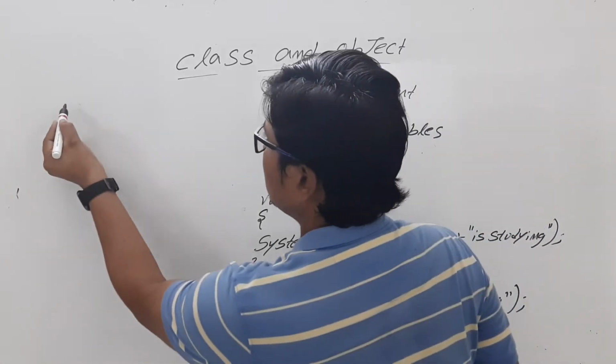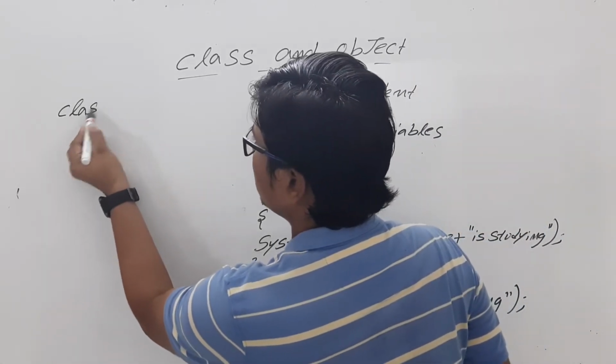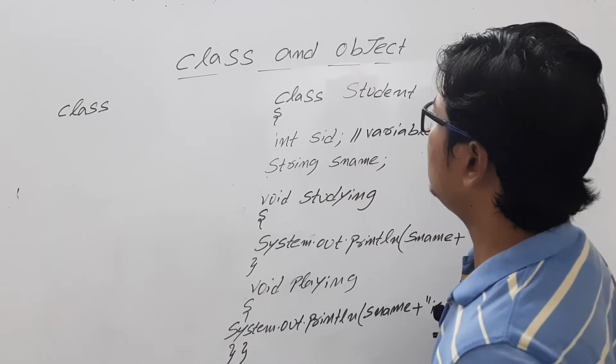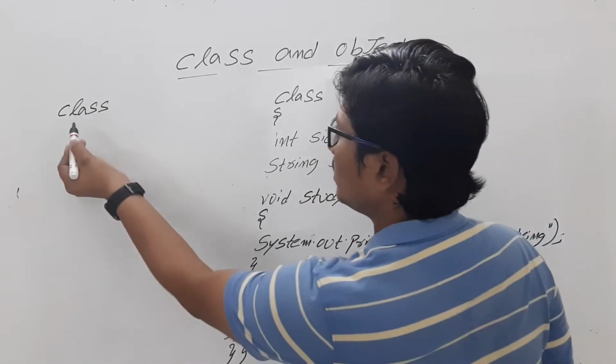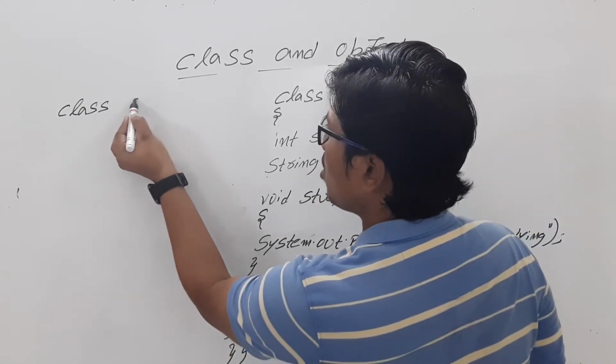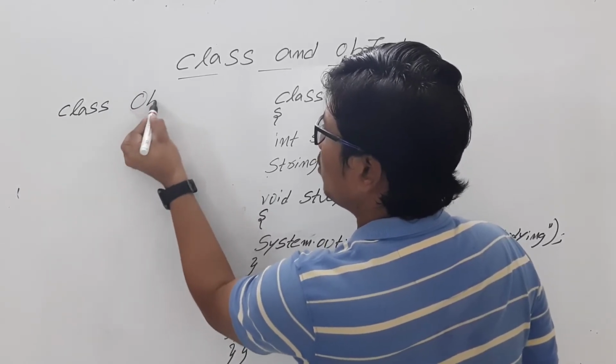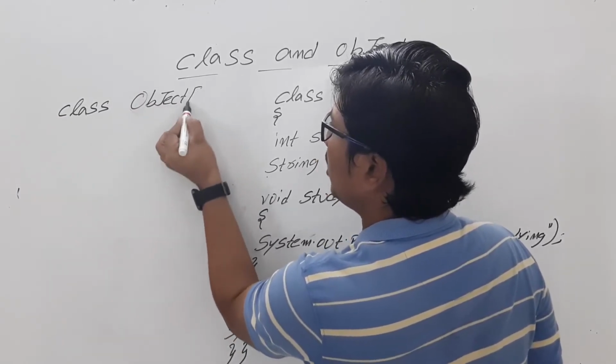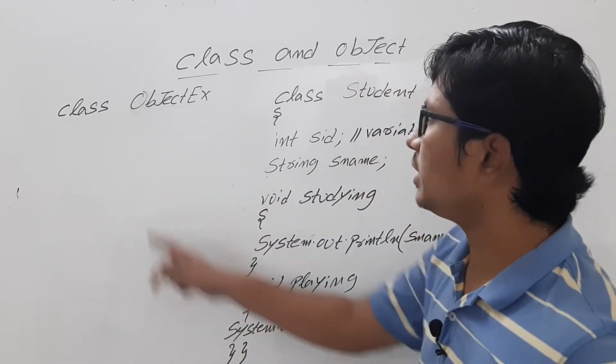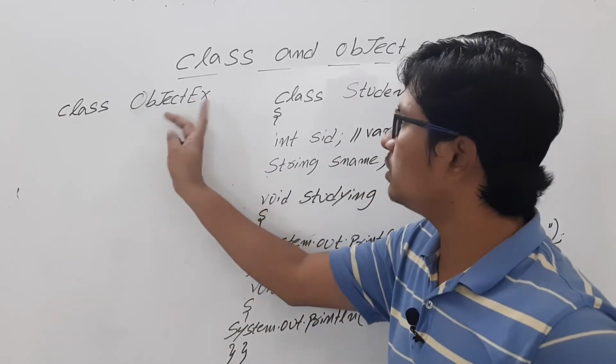So let me write the driver class. I will take the class name as ObjectEx, with capital O and capital E. So the first two words are Object and Ex.